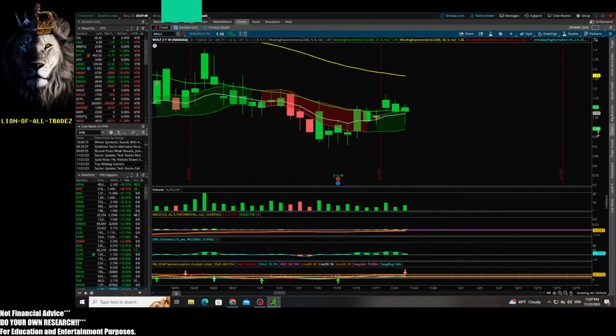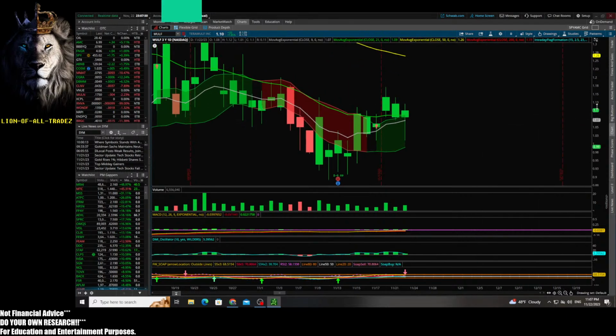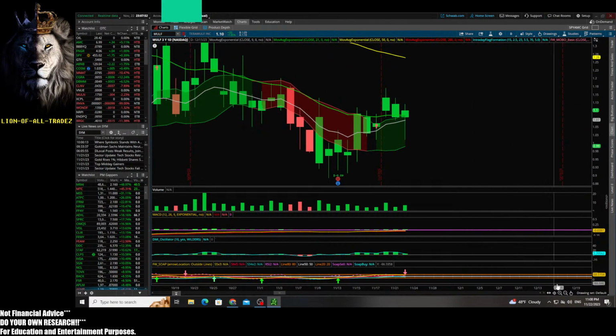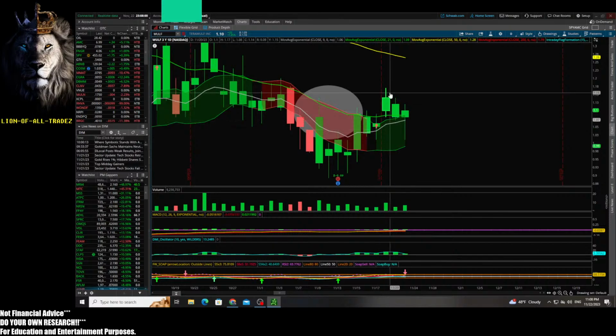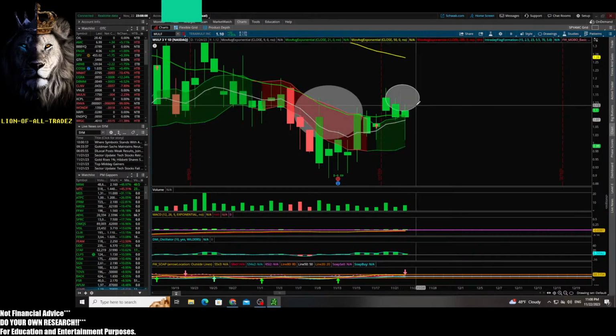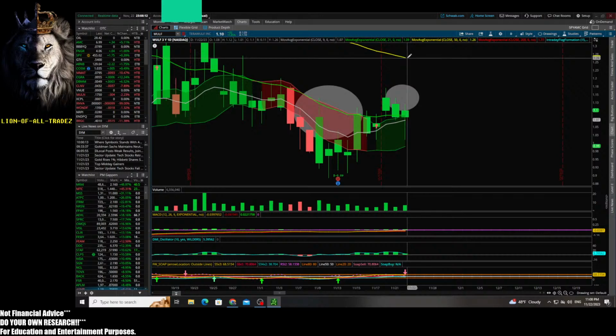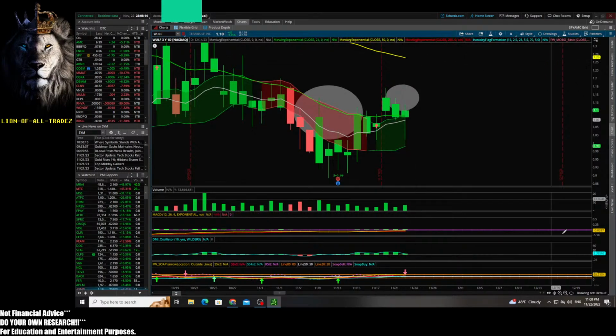So I want to say it's like a cup and handle. You see it? I think I see it. A cup and then the handle. And then we would have to test 125 again and break those resistances.